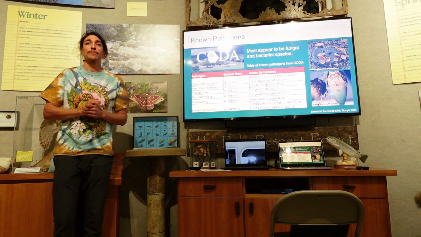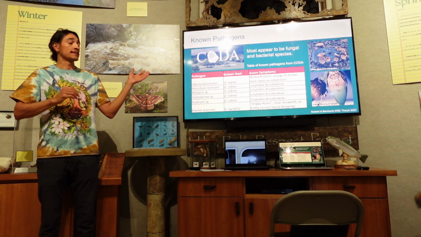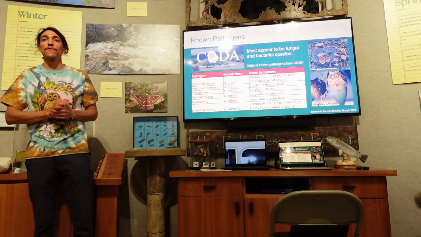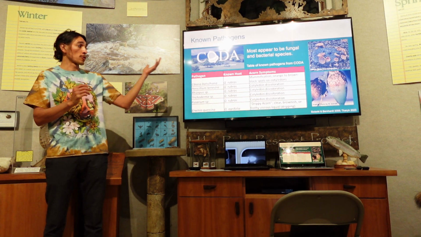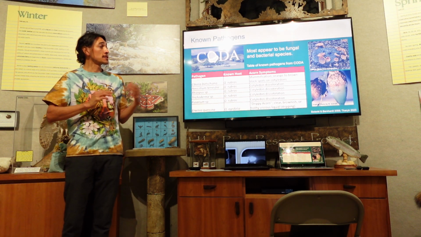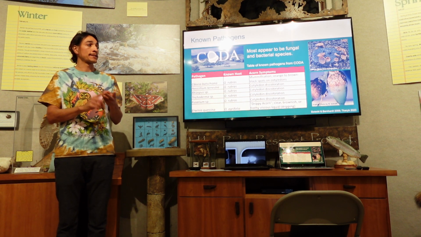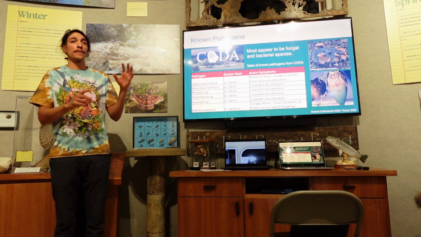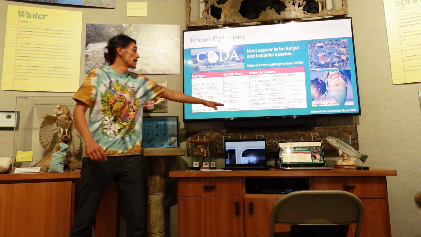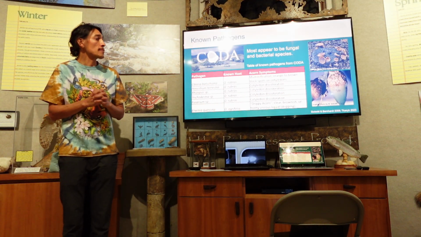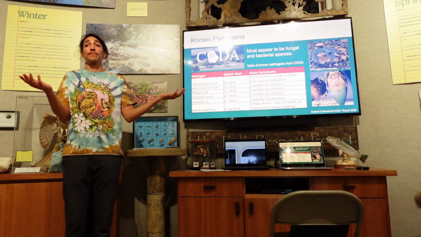And this table here displays all of the known diseases that are attributed to oak species. It comes from the California Oak Disease and Arthropod Database, or CODA. And most of these diseases listed here are either fungal or bacterial. And the only one that's actually attributed to Quercus agrifolia is this drippy acorn disease, pictured on the bottom image there, which is not what we're seeing with these black acorns.